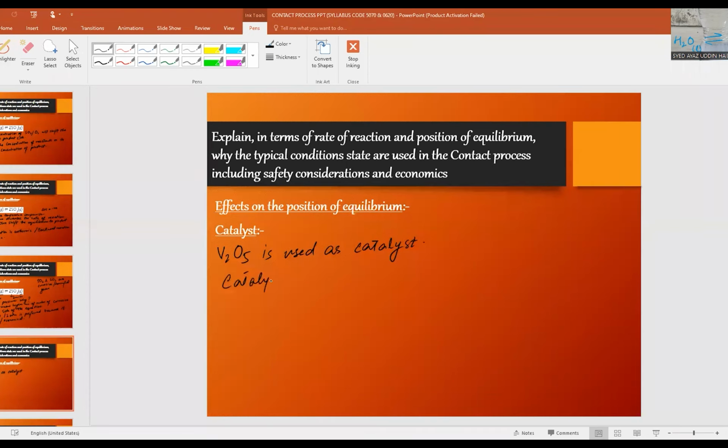Catalyst has no effect on the position of equilibrium, because a catalyst just increases the rate of reaction in both directions.